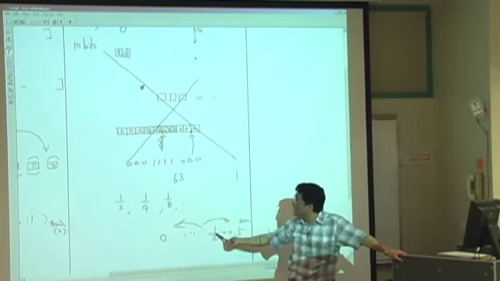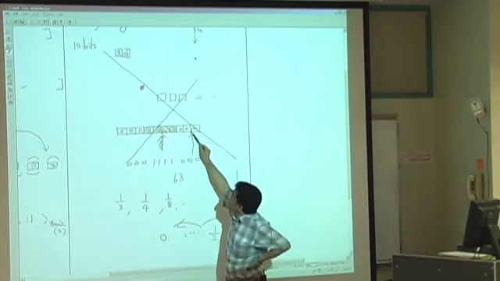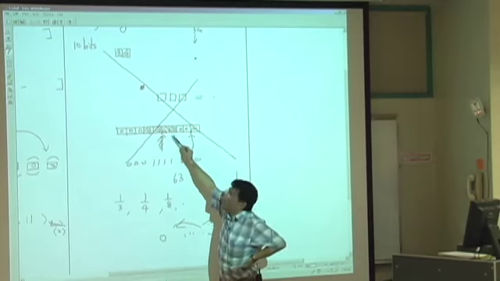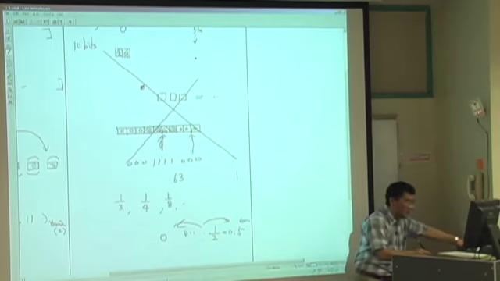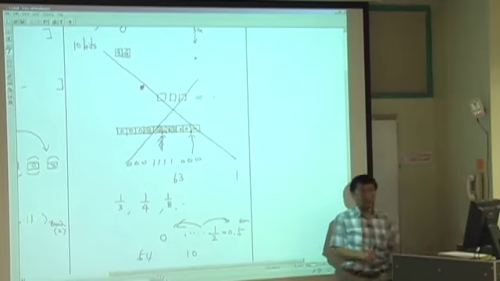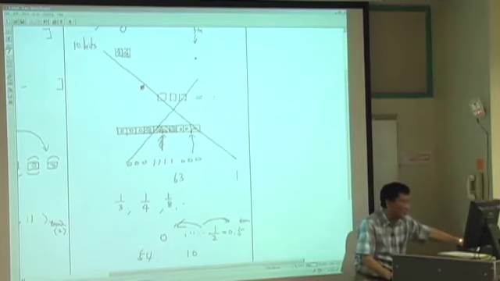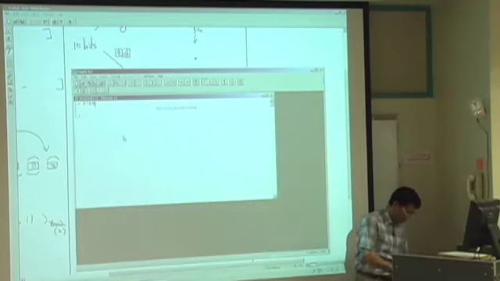Then to increase the accuracy, we should move this floating point to the left, right? So assume that about 10 bits are enough. Then 10 bits can be used for the fraction, and 54 bits can be used for the number. Then let's do the calculation: 2 to the power of 54.